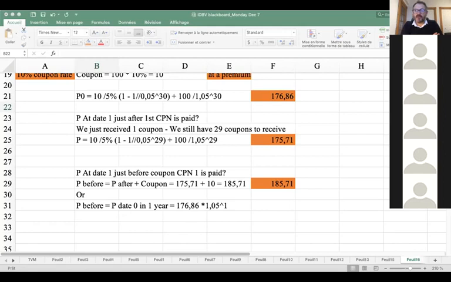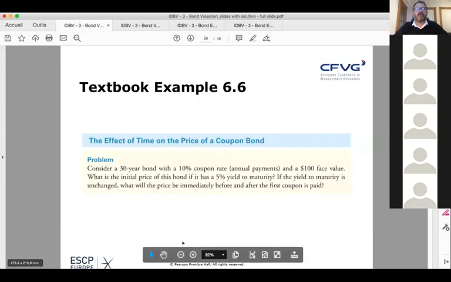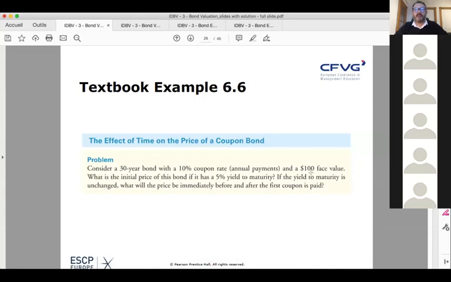So I hope you had the time to calculate the elements. Let me summarize what we have. Consider a 30-year bond with 10% coupon rate, annual payments, $100 face value.